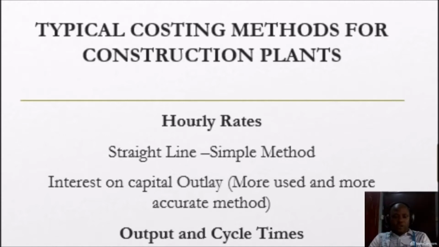The first one is the straight line or simple method, and the second one is interest on capital outlay, which is the commonly used or more accurate method. Then the next thing we'll also want to calculate in this lecture is output and cycle times.